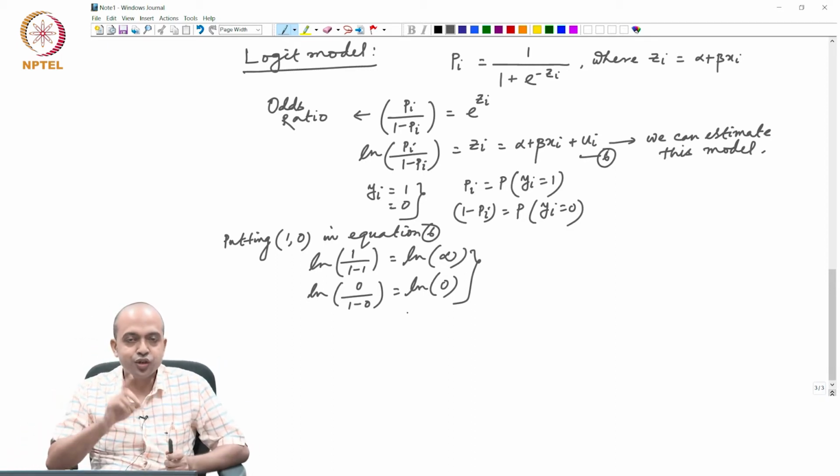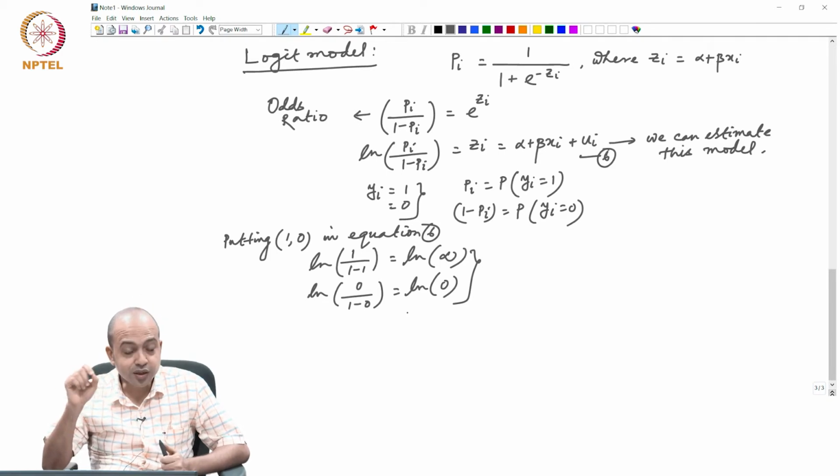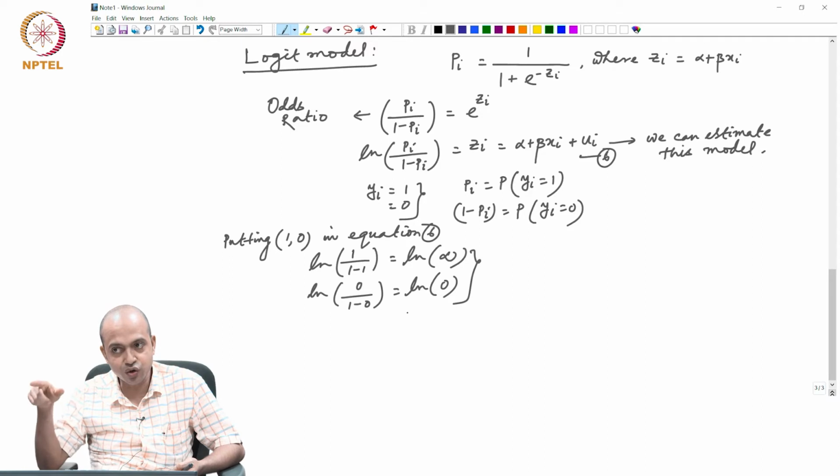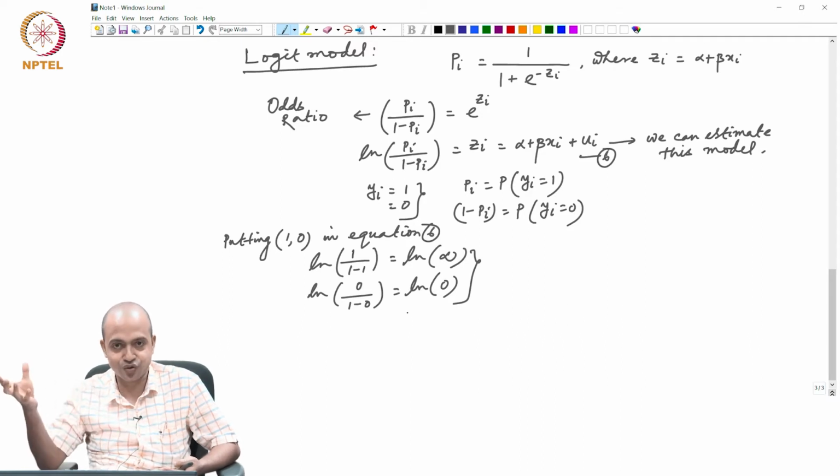Why? Because here we are thinking that Pi is equivalent to yi, but that is not the case. Pi indicates the probability, which lies between 0 and 1, but what you observe is the realization. yi is the realization. Some people have owned the car, that is why you put 1. Some people do not have a car, that is 0. That is the realized thing.